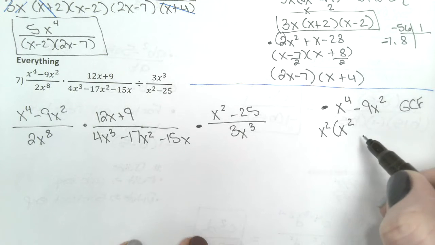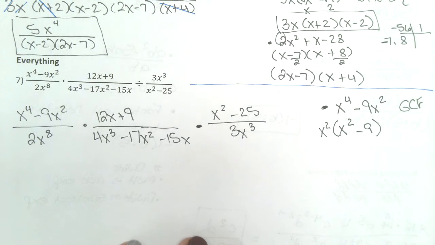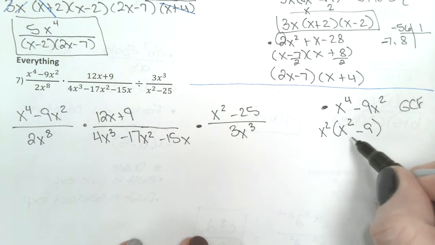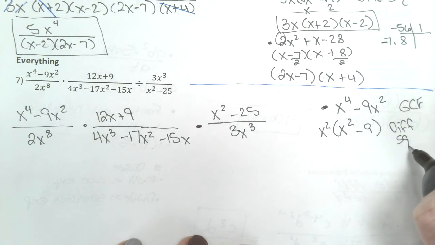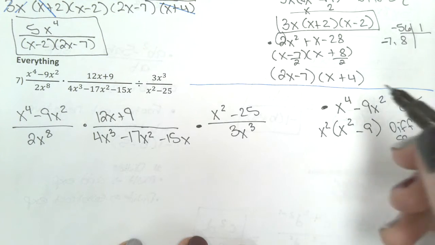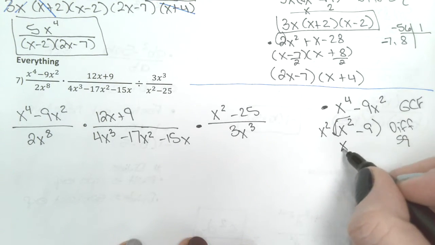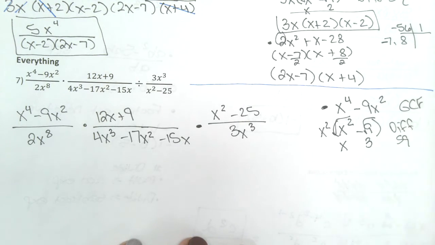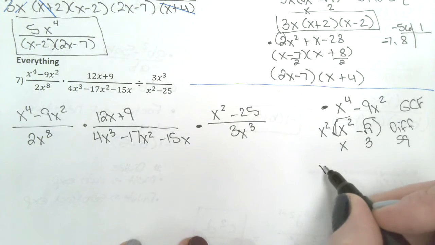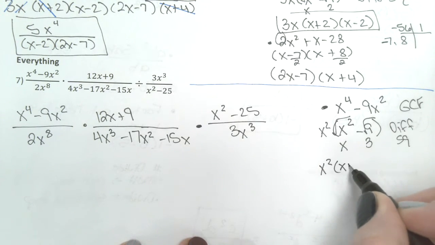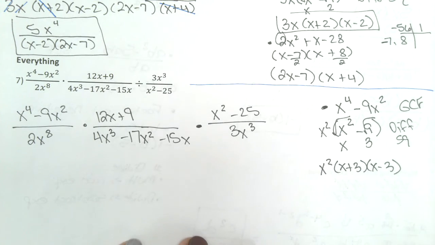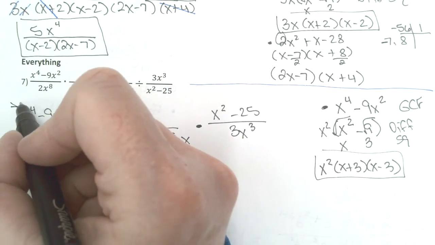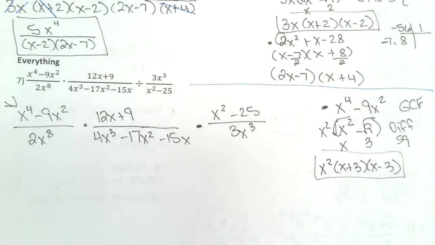Negative 9x squared divided by x squared is negative 9. So it looks kind of similar to up above. Now I have a difference of squares. Square root of x squared is x, and the square root of 9 is 3. So this factors as x squared, x plus 3, x minus 3. This is what is going to go in place of that term right there.